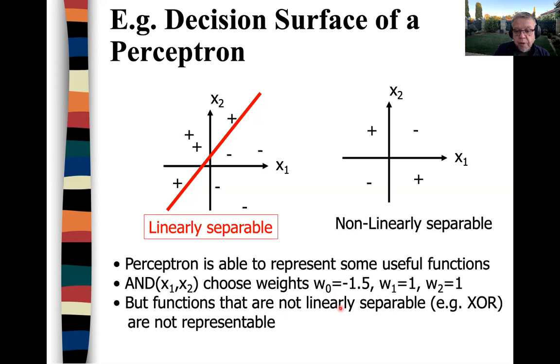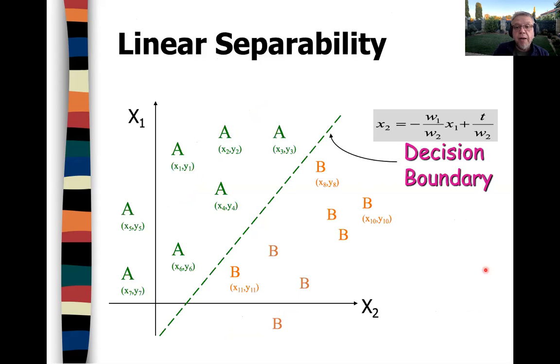But functions that are not linearly separable, for example the XOR, you cannot use the perceptron to represent them. And that's where, as we've seen in the history, some researchers discovered that, and that killed the area of artificial neural networks for a while.